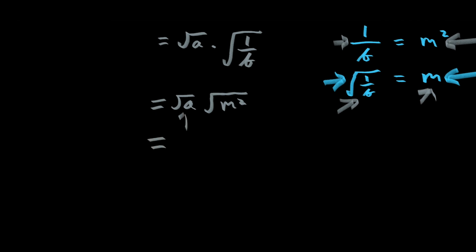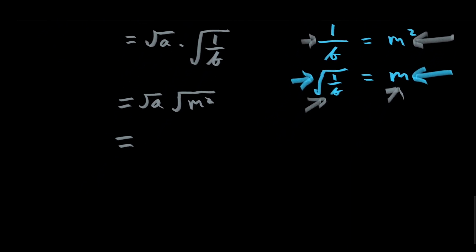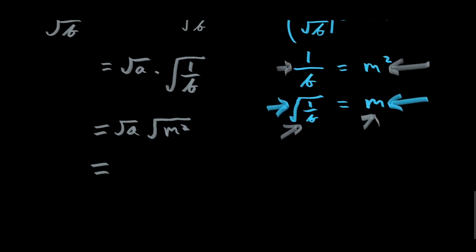Because what do we have? We just have some real number a, and we're taking its square root, and we have some real number m squared, and we are taking its square root. Now, we know that m squared is a real number, and that it makes sense to take its square root. We know a is greater than or equal to 0, and we know that m squared is strictly greater than 0.